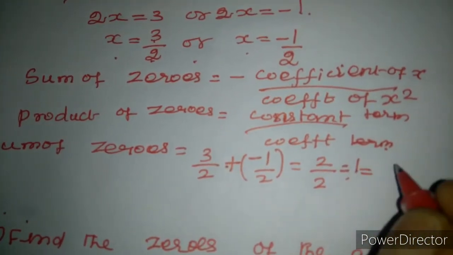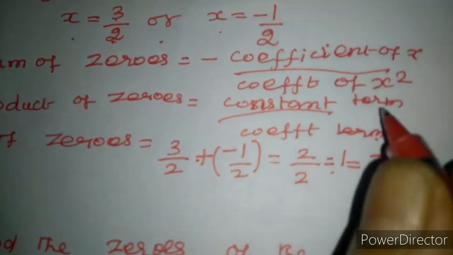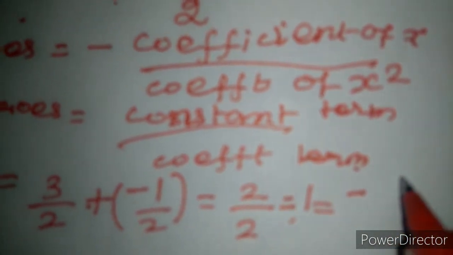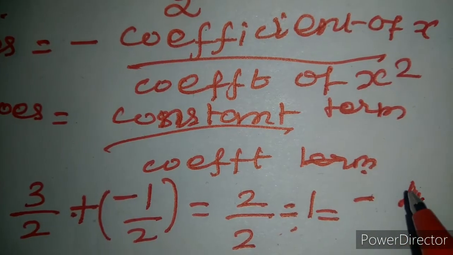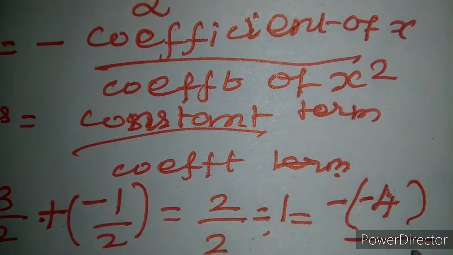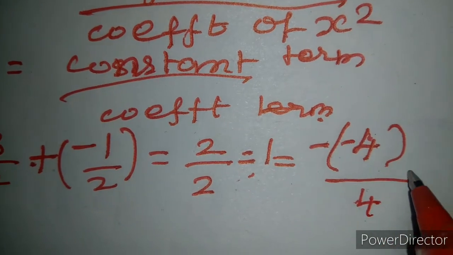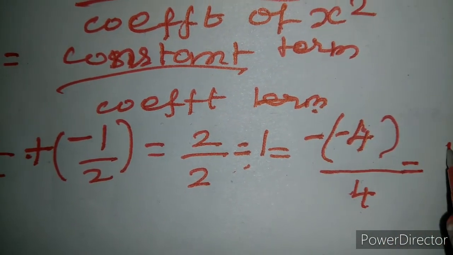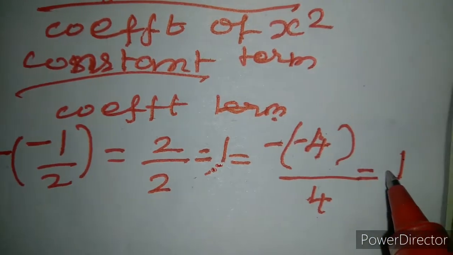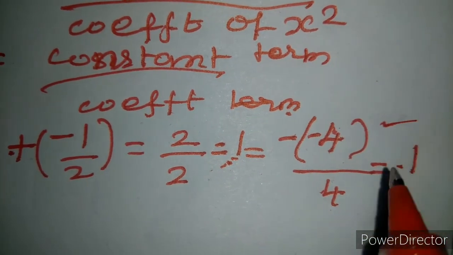So that is equal to minus coefficient of x. Coefficient of x is minus 4, so minus of minus 4 divided by coefficient of x square, which is 4. So that is equal to plus 1. Therefore here also we got 1 equal to 1. Therefore sum of zeros we verified.